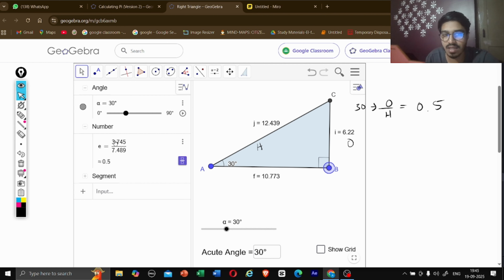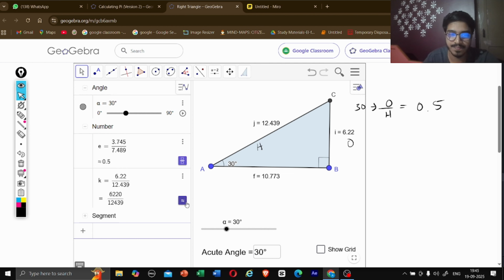In that case, the I was 3.745, right? So let us do the same thing here. I divided by J, so 6.22 divided by 12.439. What will we get as the value? Here also, it's again 0.5.